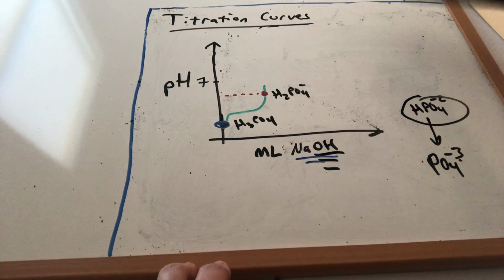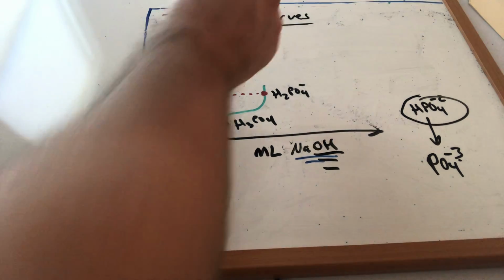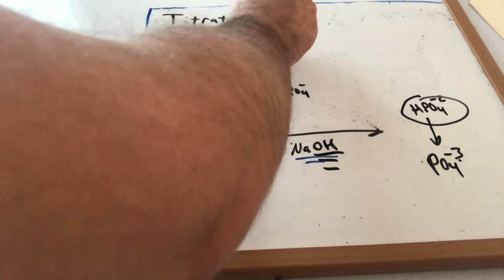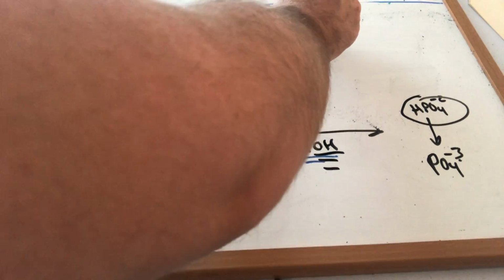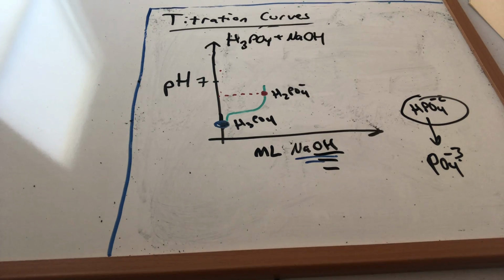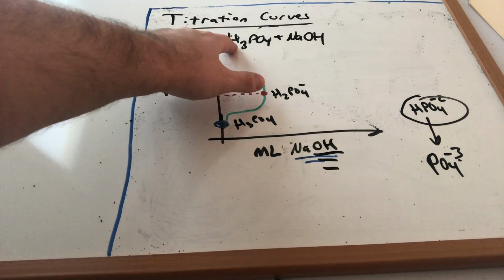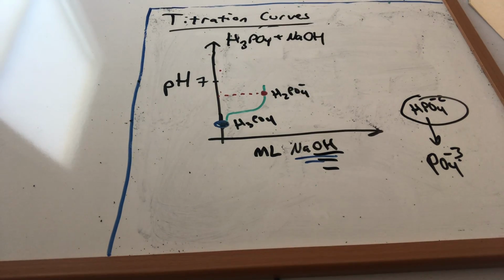The more OH minus you put in, the more you're generating these conjugates. We started off with H3PO4. We're adding NaOH. We're going to have to get 3 different equivalence points because there's 3 protons to remove.